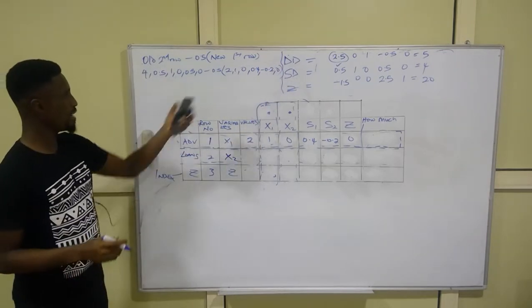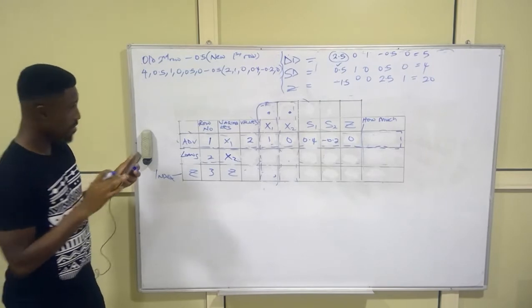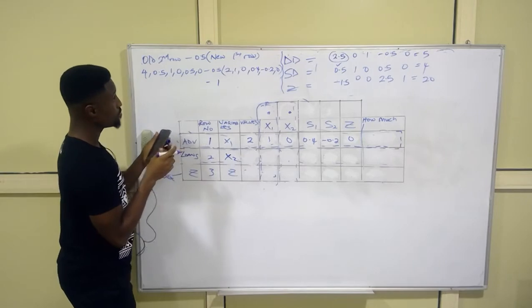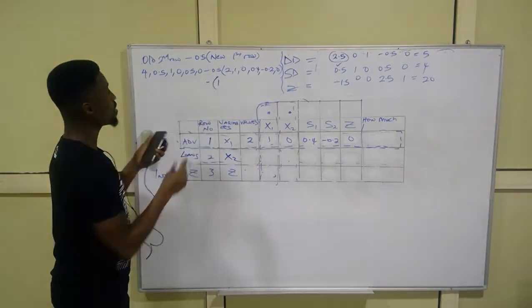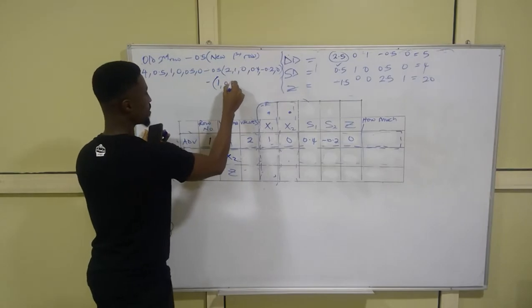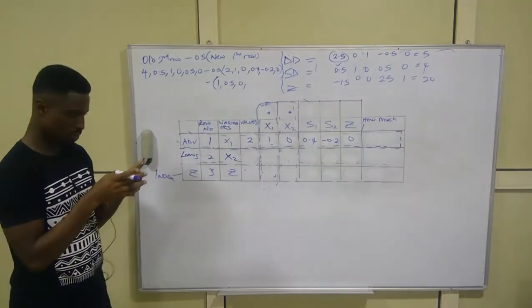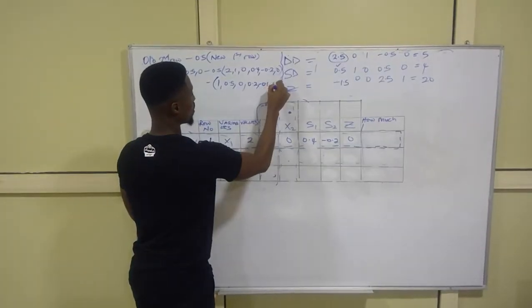So if you multiply everything by 0.5, 0.5 times 2 should be 1. So what we have here is 1, minus 1, just put it in brackets so that everybody knows. Minus 1, 0.5, 0, 0.5 times 0.4 is 0.2, and then we have our 0 here.